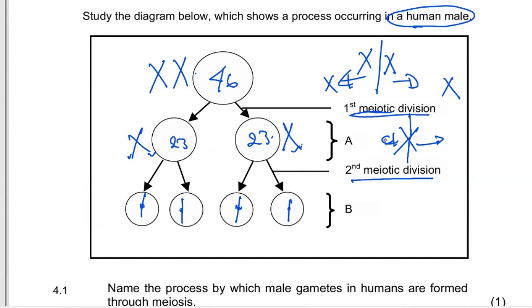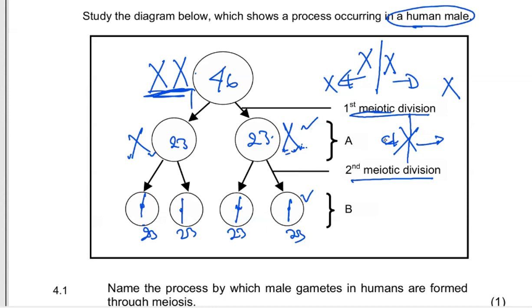Now it means that you have 23 here, 23 here, 23 here, 23 here. But these are single-stranded chromosomes. These are double-stranded chromosomes. You see, they have two, while these ones are in pairs. That's the meaning.